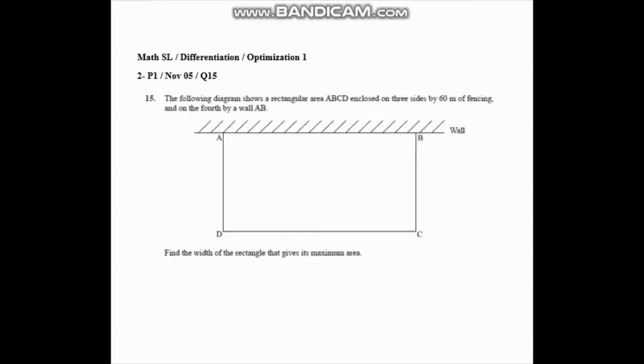So the second question that we shall tackle in this video came in paper 1, November 2005, question 15. Kindly take a minute, attempt to solve, and the answer shall follow through shortly.